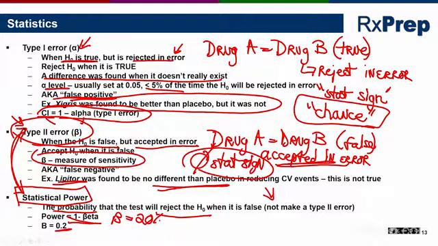And so if beta is typically 0.2, what's our power? If power is 1 minus beta, 1 minus 0.2, our power is 0.8 or 80%. That's the standard power most trials have. You can go higher, obviously, but generally never accepted to go lower or less power.